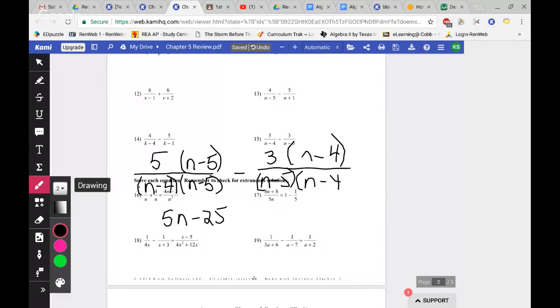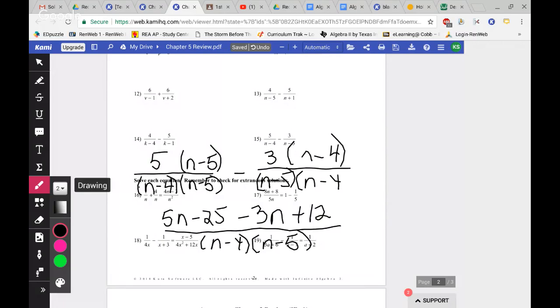And make sure you're very cautious about this. This is actually a -3 technically, and you want to distribute that to both the n and the -4. So -3 times n is -3n, and -3 times a -4 is a +12. And then all of that's written over that big denominator that we created by getting a common denominator.